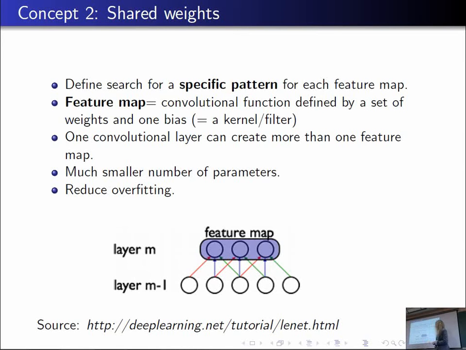On this picture, you can see that, for example, each line with the same color has the same weight. So you apply the same weight on each neuron, and here you can see that the receptive field of the neuron is 3, because the layer m is taking as input three neurons from the previous layer.